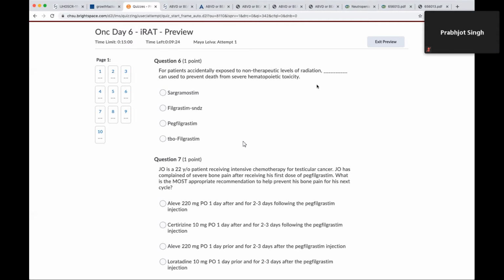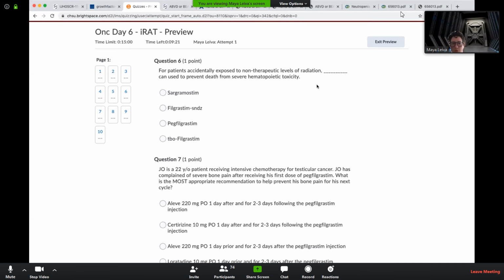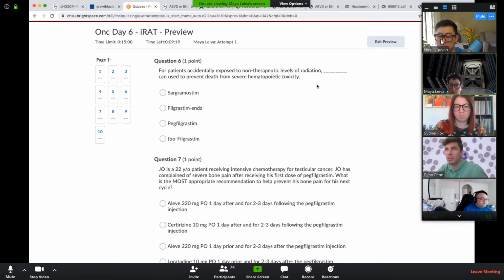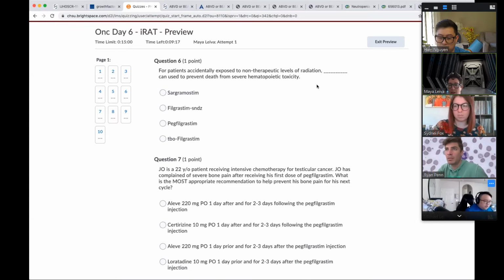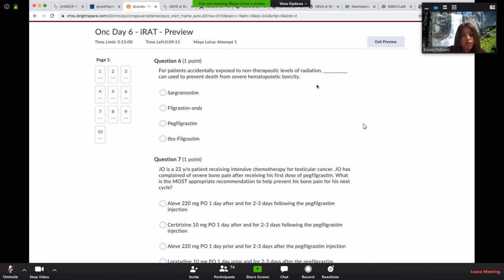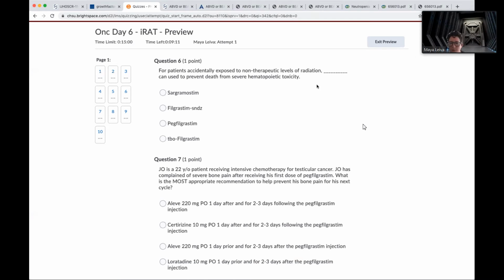No. So which of the drugs do we use for treatment of neutropenia for patients who are at really high risk of complications due to an infection? The GM-CSF. Exactly. And that's what I want you to take away from this, because there are times where physicians forget that Leukine exists.